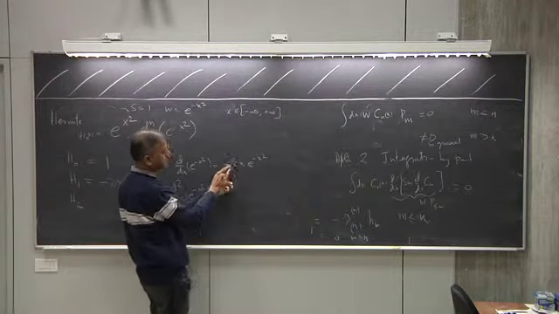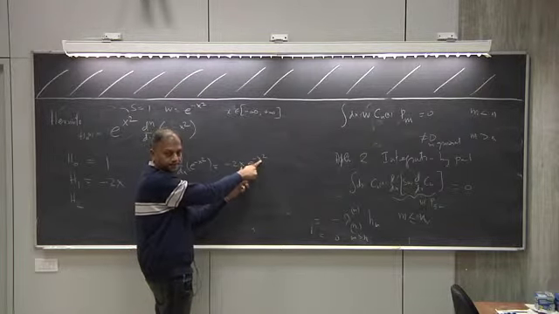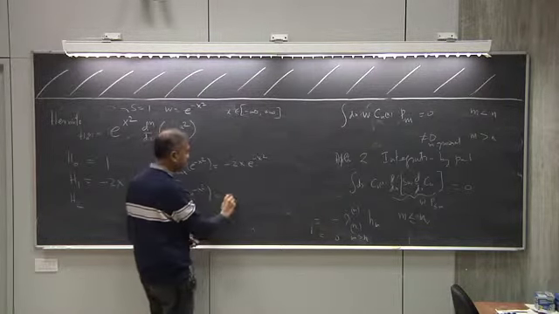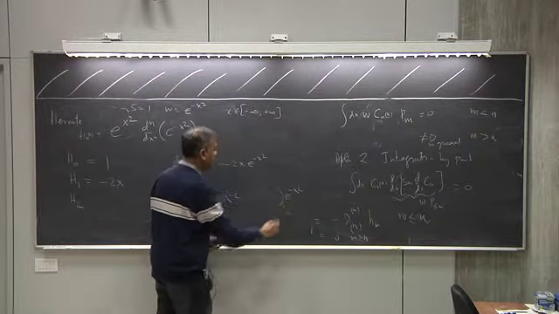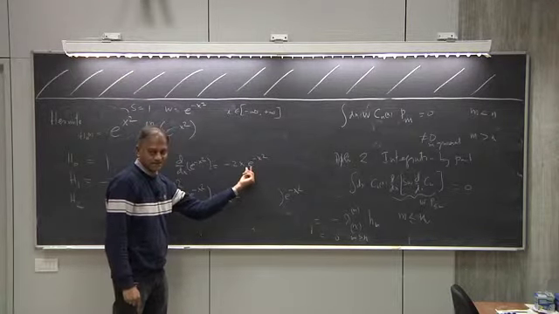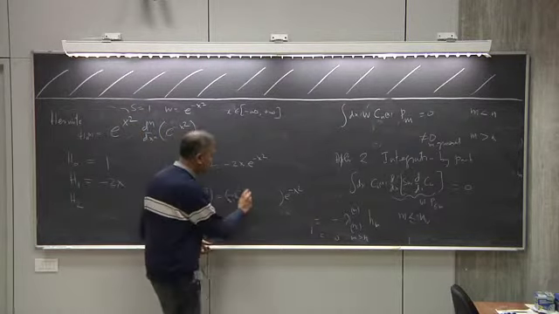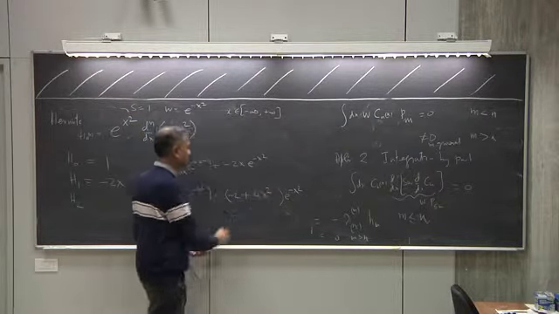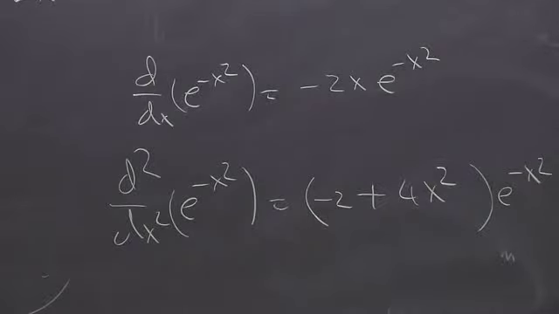There will be two terms: the derivative hitting here, where I'll just get minus 2, of course with the exponential factor always there, or the derivative hitting there, where I bring down a minus 2x. So minus 2x times minus 2x is plus 4x square. So h2 is minus 2 plus 4x square.